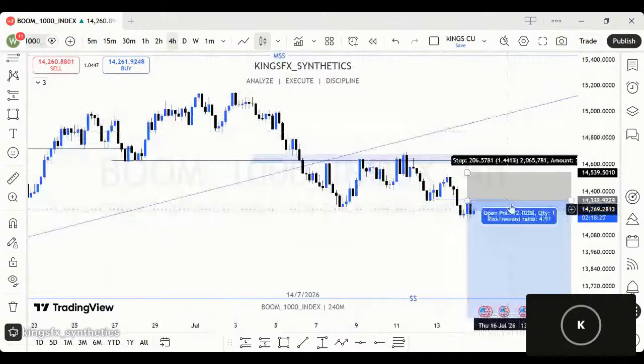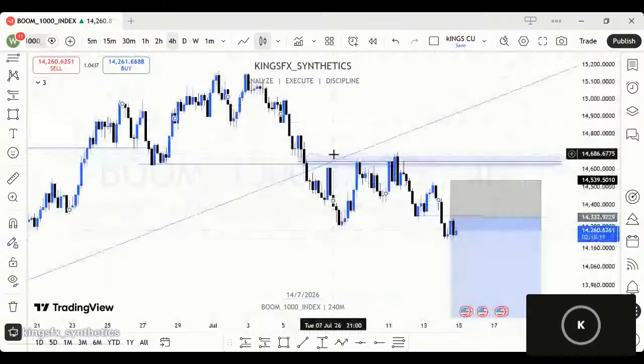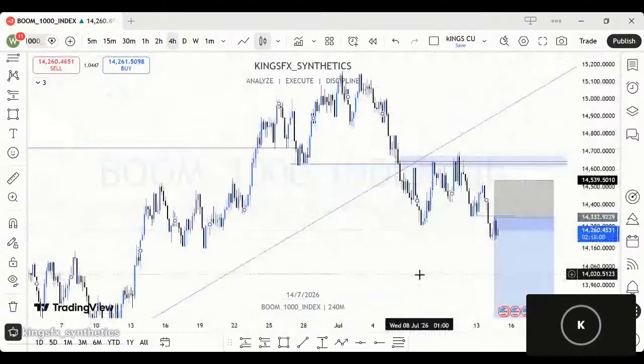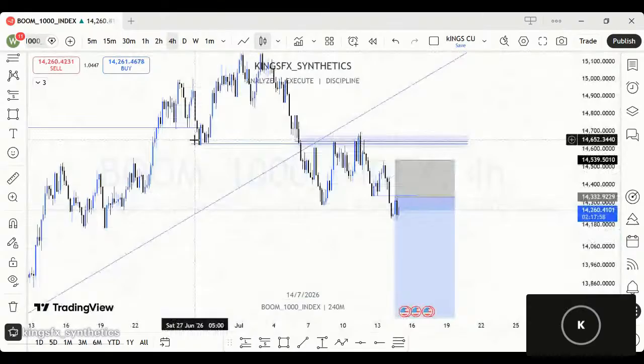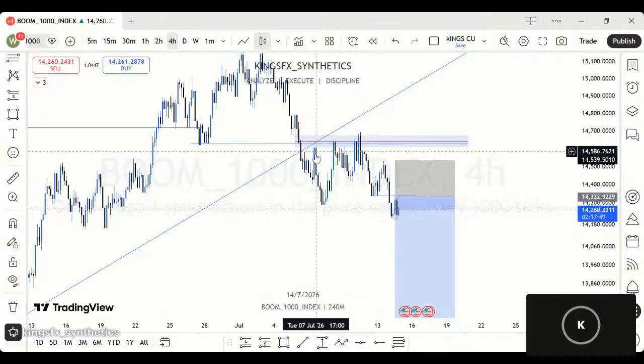The fair value gap now falls in line with the Quasimodo line right here, which is why I chose to accept this. Three reasons: one, this is my area of concentration; two, my fair value gap is the most recent happening; three, the Quasimodo also aligns with this.